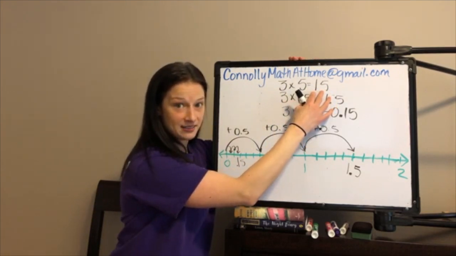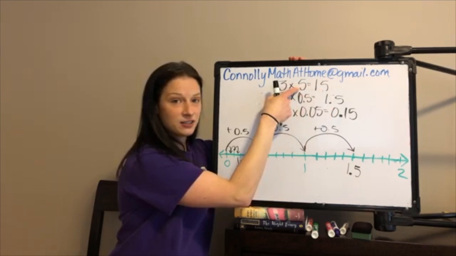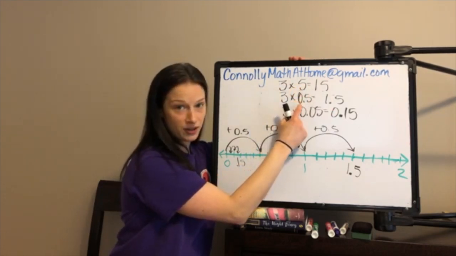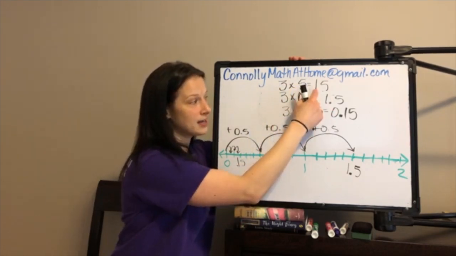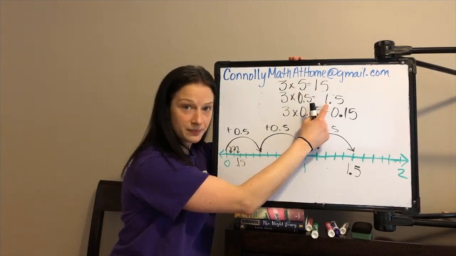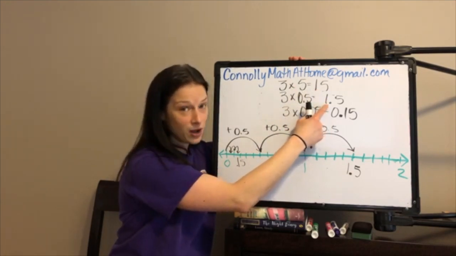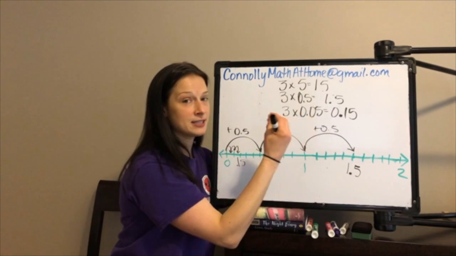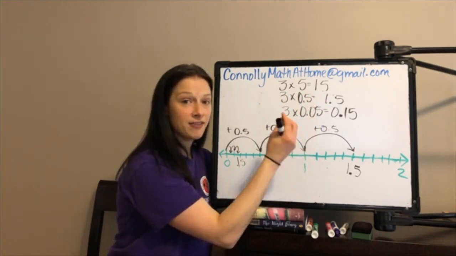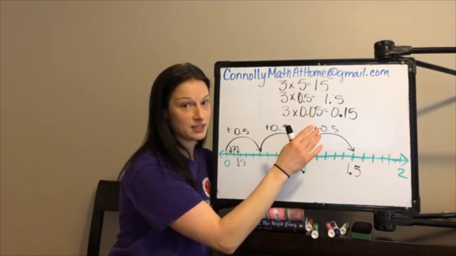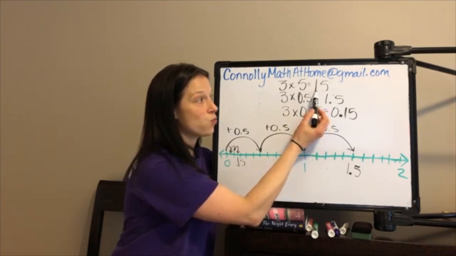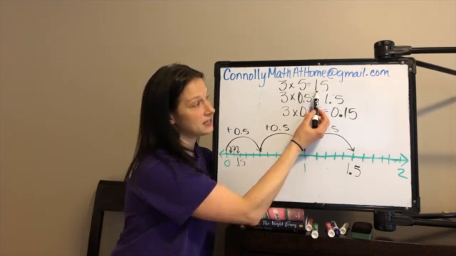But then this factor got 10 times smaller, so my product had to get 10 times smaller. And as you know, when a number gets 10 times smaller, the value of each digit also gets 10 times smaller. So I had a 1 in the tens place here.